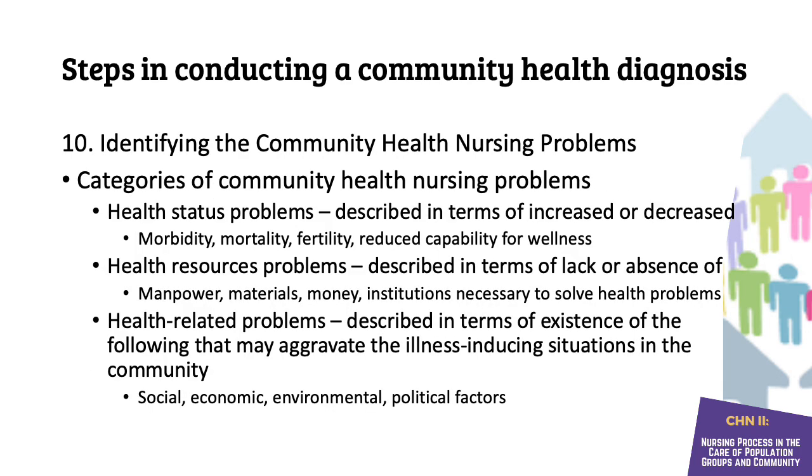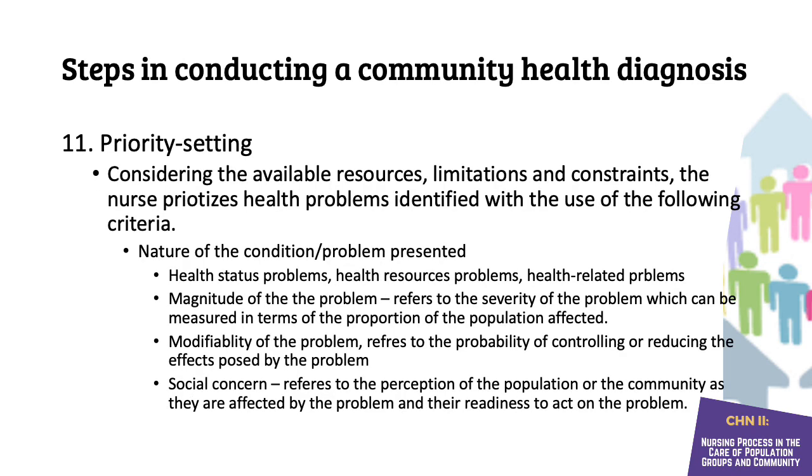Next, we have identifying the community health nursing problems. So, after gathering the data and analyzing it, okay, we can now identify the CHN problems. Okay, so after this are the categories of community health problems, which can be health status, health resource, or health-related problems. We have your priority setting, numbered based on the nature and the condition of the problem presented.